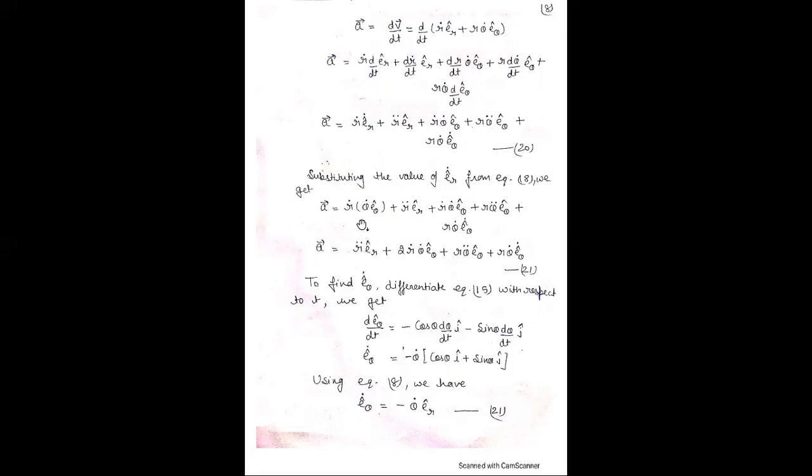Now here, r dot theta dot e theta and r dot theta dot e theta. Then therefore this is r double dot er plus 2r dot theta dot e theta plus r theta double dot e theta cap plus r theta dot e theta dot.